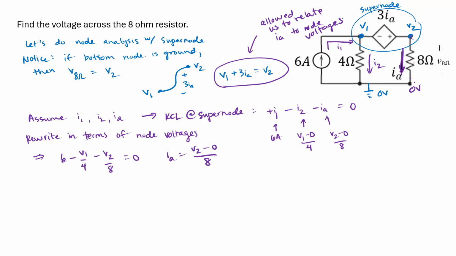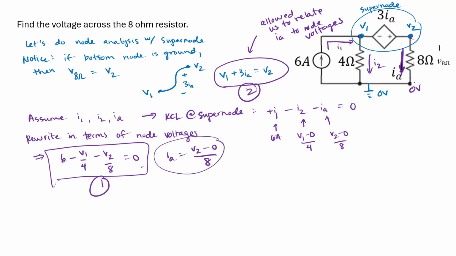You'll remember that was one of the things we needed to do when we had a dependent source in our node analysis. All right, so now we have one equation here, and we have our second equation here. We've got two equations and two unknowns. Remember, we know I sub A can be written as (V2 minus 0) over 8, so that can also be plugged in. And this will allow us to solve for our final result.